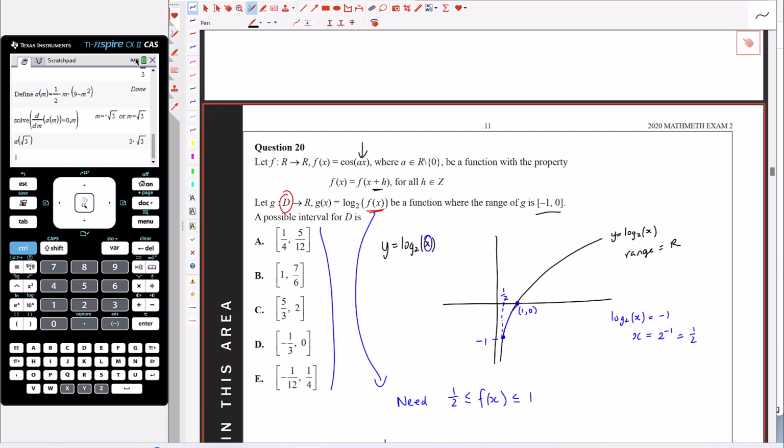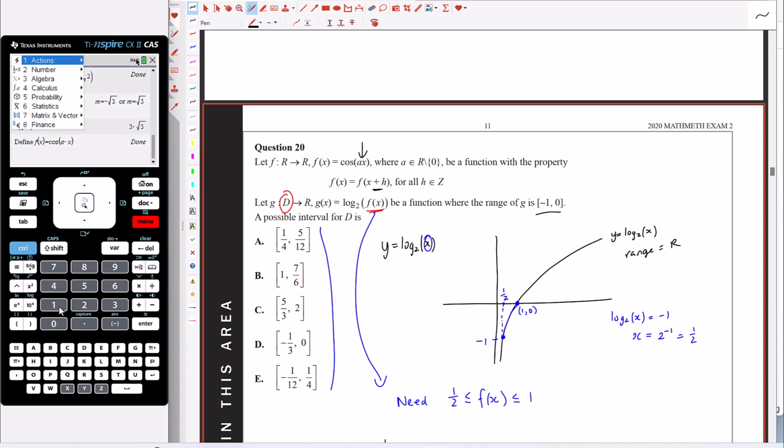Let me just see what happens if we solve that. Let's define our function f of x as being cos of a times x. A is already defined, so let me clear A to Z. Menu 1.4, clear A to Z. It's also going to clear my f of x definition, so let's do that again.